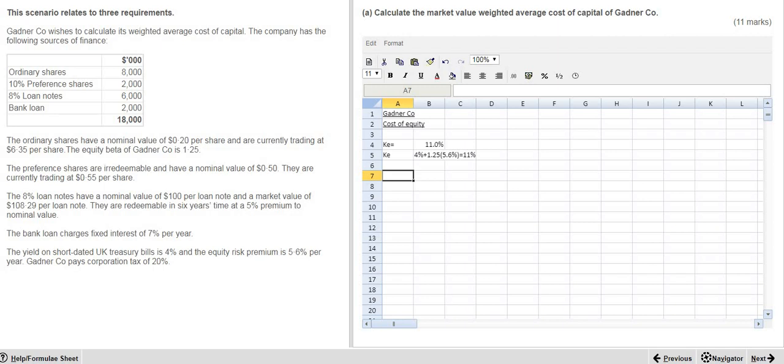Then divide that by the market value and that gives you your cost of preference shares. So go there and say cost of preference shares, K-pref.